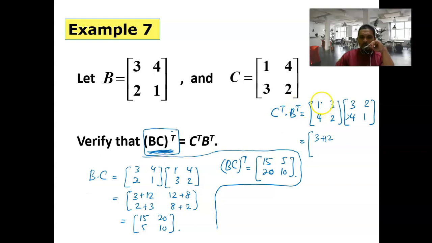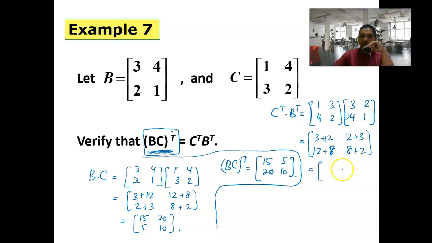Then 1 multiplied with 2 equal to 2 plus 3 times 1 equal to 3. 4 times 3 equal to 12 plus 2 times 4 equal to 8. Then 4 times 2 equal to 8 plus 2 times 1 equal to 2.